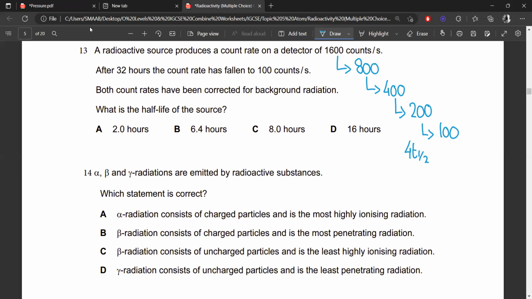So what will be the half-life for one activity? We just need to divide 32 by 4, which gives 8 hours. So C is the right answer. Good.